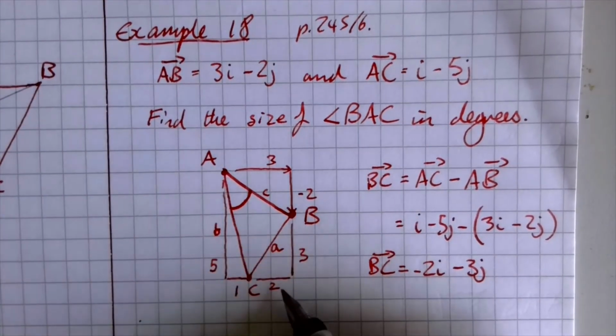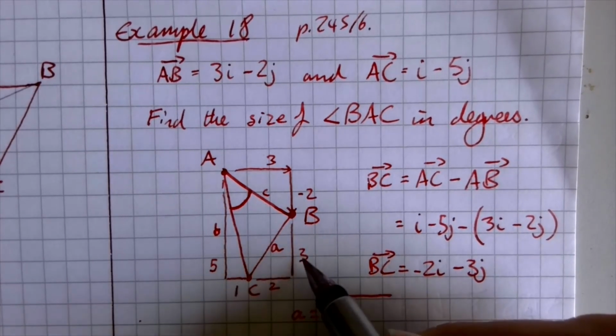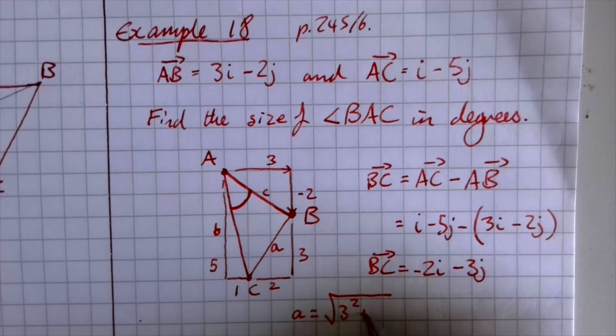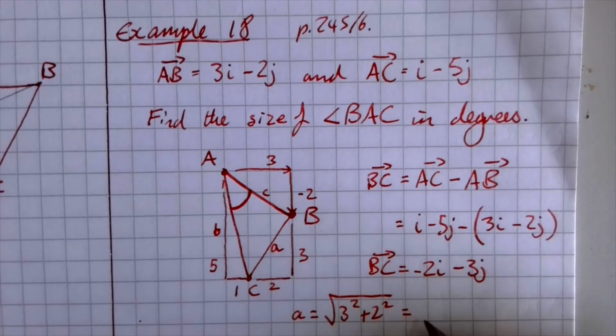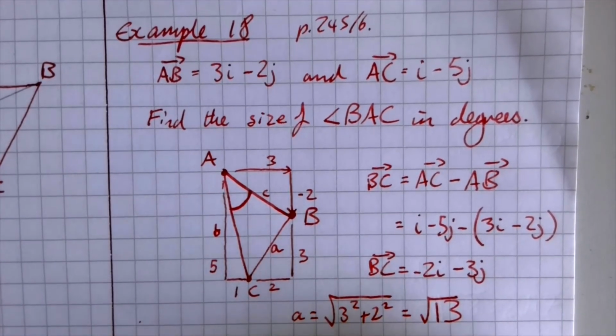So we could say that a is going to equal the square root of 3 squared plus 2 squared, which is 9 plus 4 is 13, so that's root 13. We'll leave that like that.